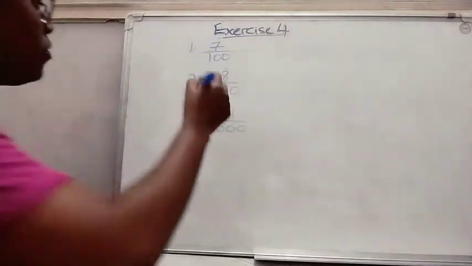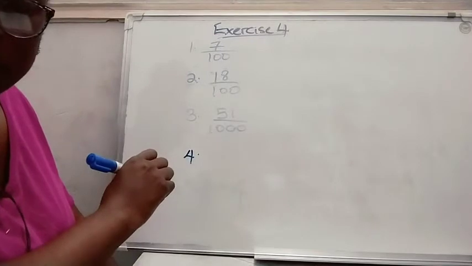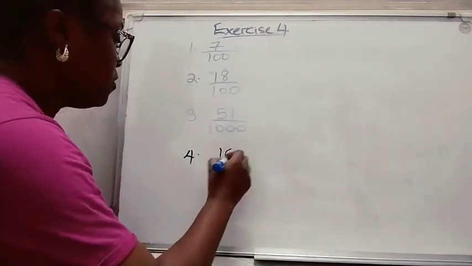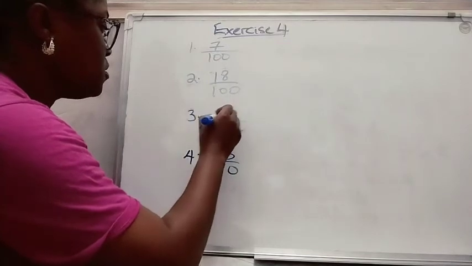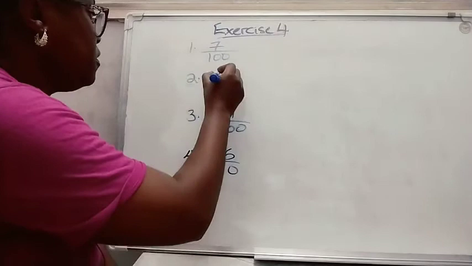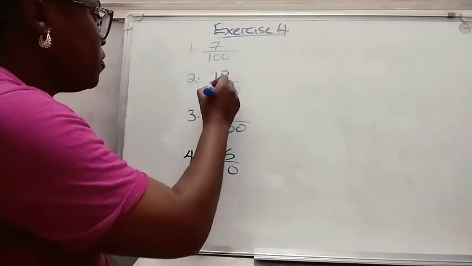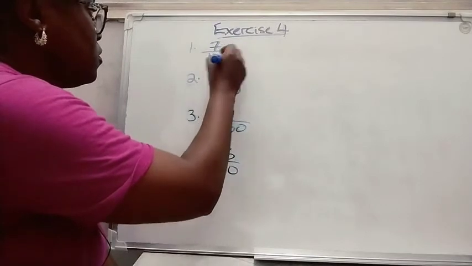And the fourth one is 15 over 10. So let's freshen this, make it clearer, so that you can see. 18 over 1000, 7 over 100.